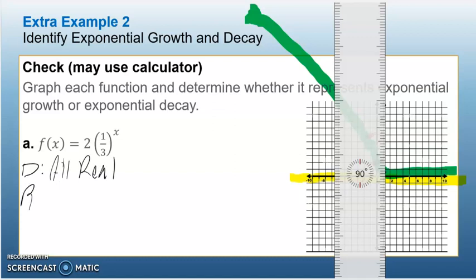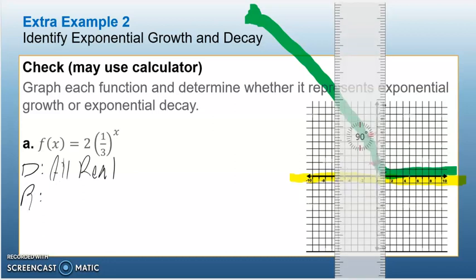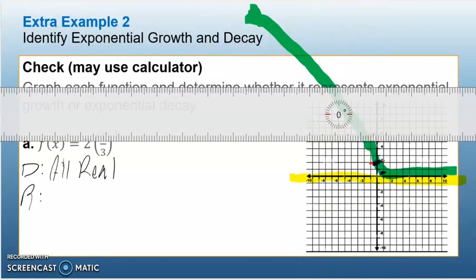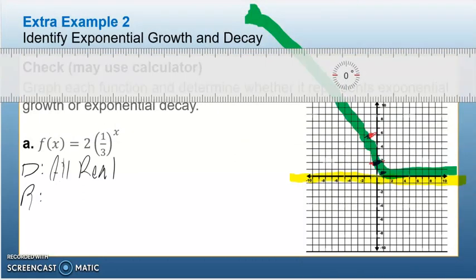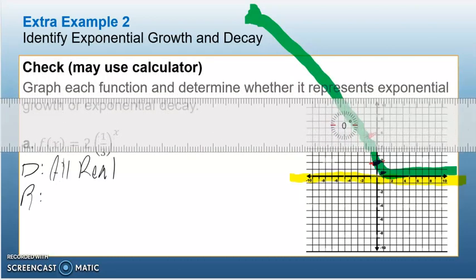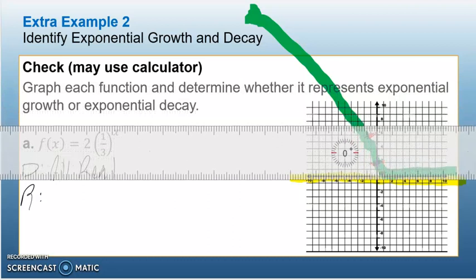The range now. The range is talking about the y value. So now I look at my y coordinates. I'm going to make this horizontal, and I'm going to start at the very top of my y-axis, and I go across. It's touching the green, still touching the green, until I hit the yellow asymptote line.